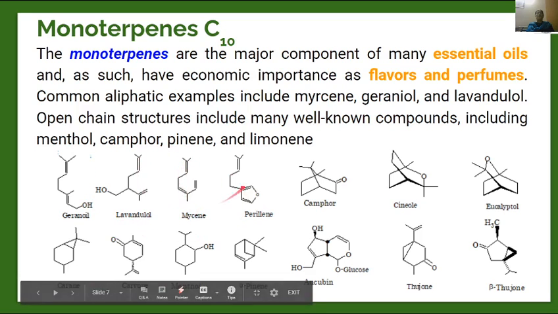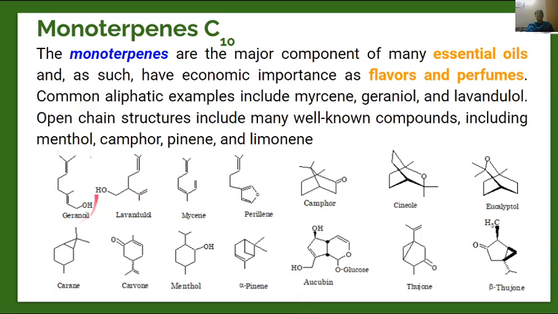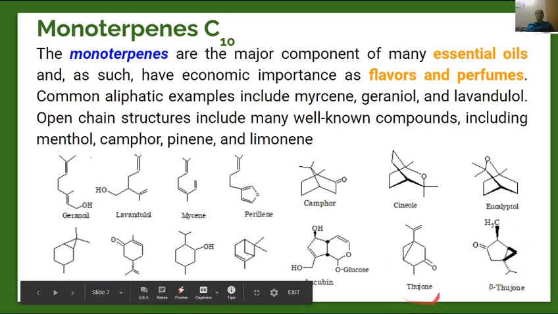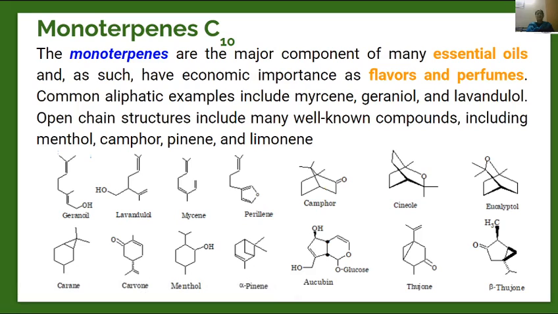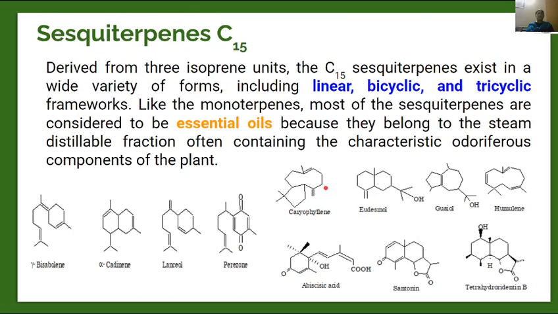Two isoprene units can give different compounds like geraniol, myrcene, camphor, cineole, eucalyptol, which is available in eucalyptus leaves, and thujone. Different compounds with different structures can be studied in this class. Menthol, carvone, and carene are other examples.